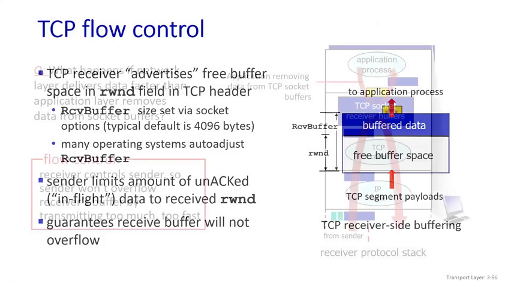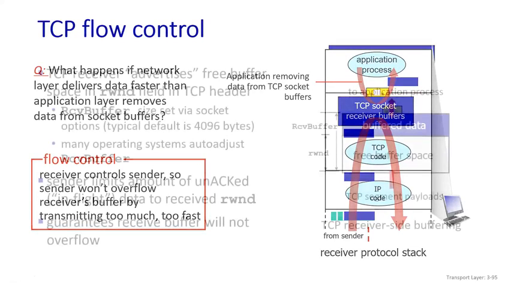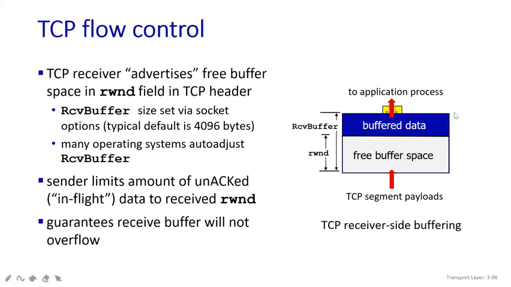I'll just go back to the previous slide. You can see the TCP socket receiver buffers is connected to your sockets, right? So here all the packet datagrams are stored. Moving towards the next one, that cell is nothing but your TCP segment payloads.